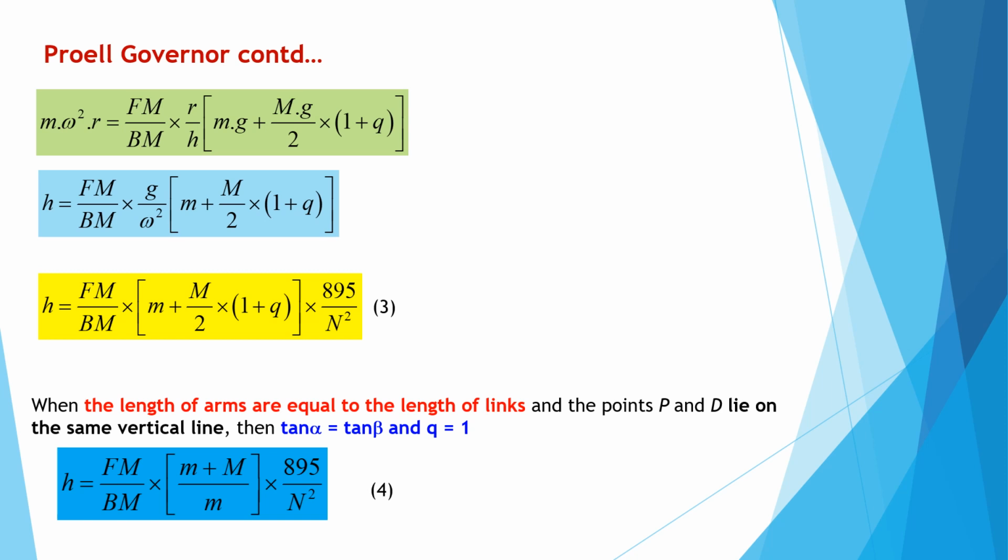By substituting the value of the gravitational acceleration g equal to 9.81 and the angular speed of the governor omega equal to 2 pi N by 60, we get equation 3, that is the height of the governor h is equal to FM upon BM into small m plus capital M by 2 into 1 plus q into 895 divided by N square. When the length of the arm is equal to the length of the link, then tan alpha is equal to tan beta, then q is equal to 1, and we get equation number 4.